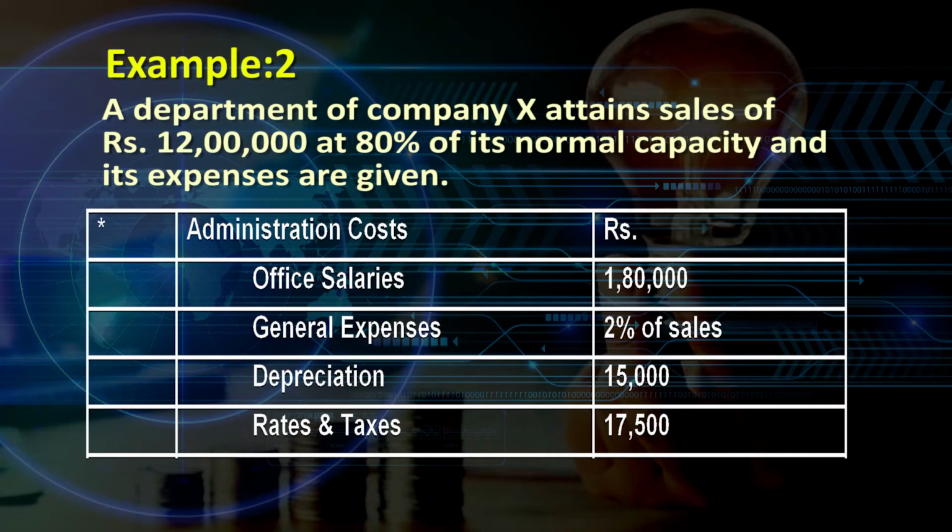A department of company X attains sales of rupees 12 lakhs at 80% of its normal capacity, and its expenses are administration costs, office salaries rupees 1,80,000, general expenses 2% of sales, depreciation rupees 15,000, rates and taxes rupees 17,500.